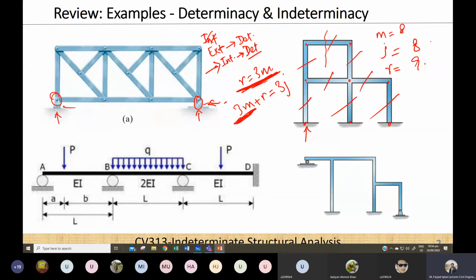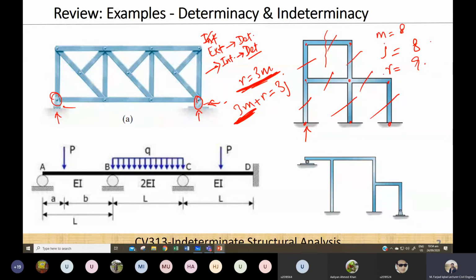But in this formula there is this factor of 3m. Now if you want to apply this formula, you don't have to do the section. It's just like the formula for the truss. You just count the members, the number of joints and reactions, and you will get the internal indeterminacy of the frame directly.